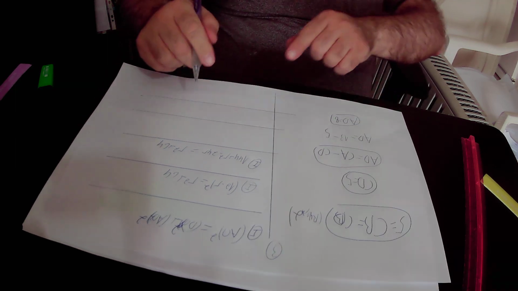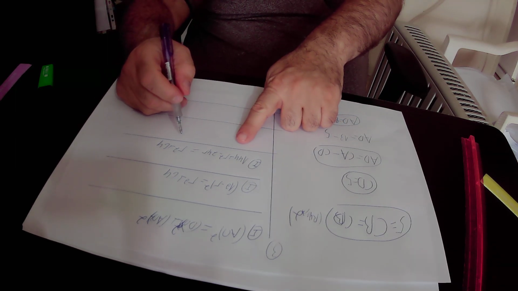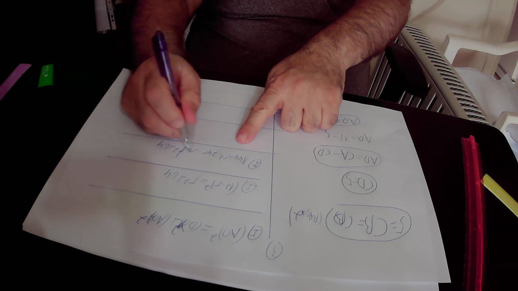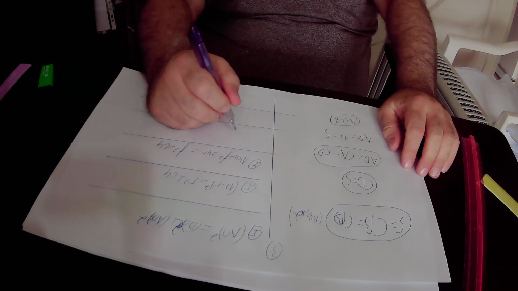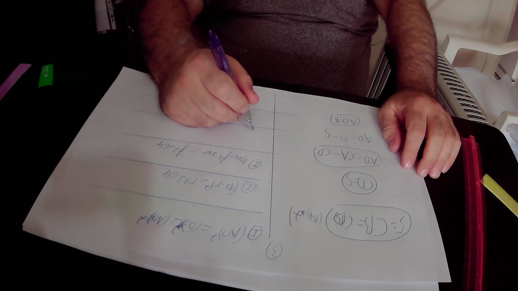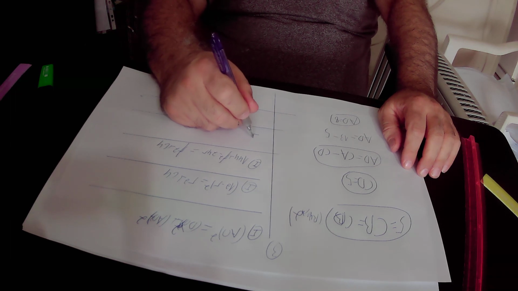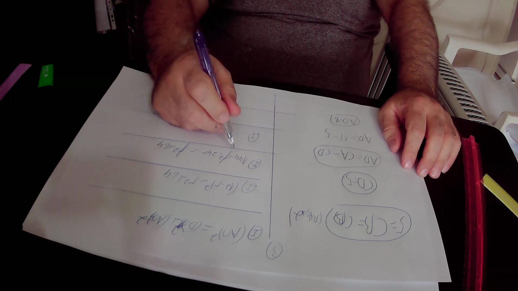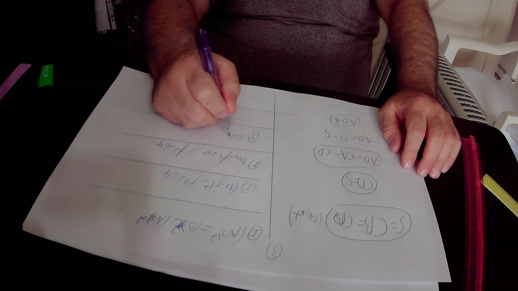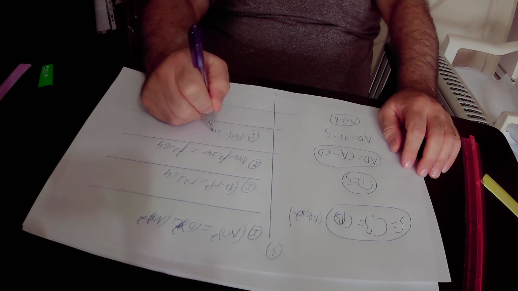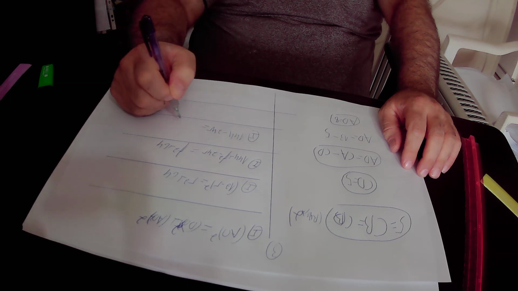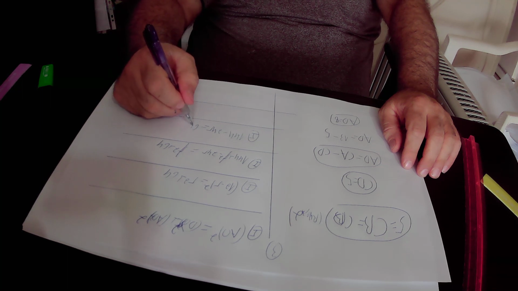Here we have R square on both sides of equation number 1, so R square will get cancelled. What is left is 144 minus 24R on this side, and here we have 64.